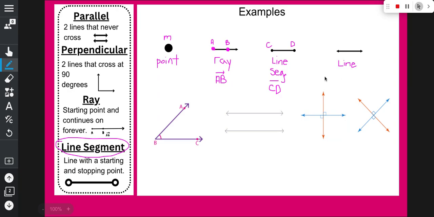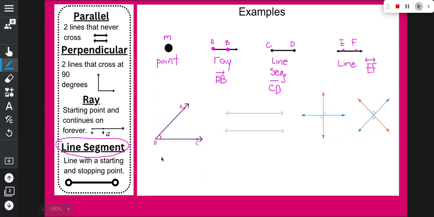So we do say line, but keep in mind the difference between these two. A line would have some points in it. We'll give these E and F. And then to make the name of it, it would say line EF. And then we would put that line above it with the arrows on both sides to show that it's a line going in both directions.